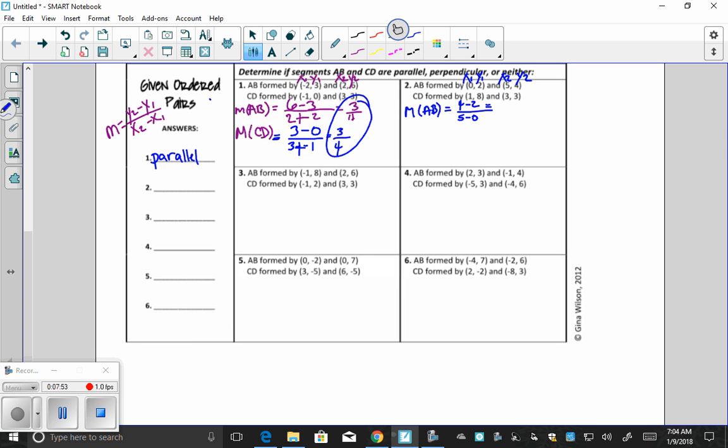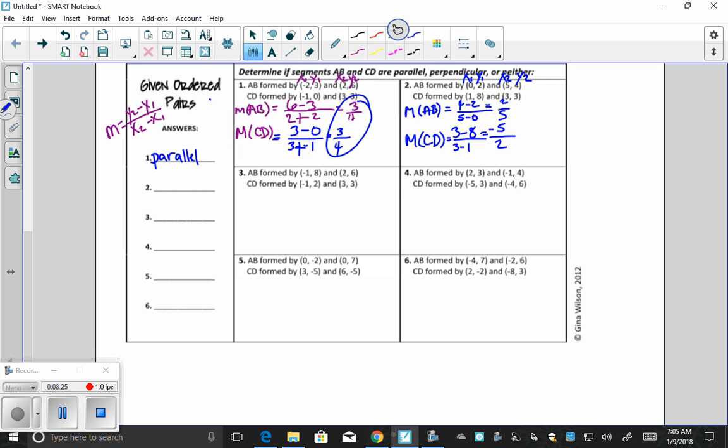And I get 4 minus 2 is 2. 5 minus 0 is 5. Slope of CD. 3 minus 8 over 3 minus 1. Well, 3 minus 8 is going to give me negative 5. 3 minus 1 is 2.